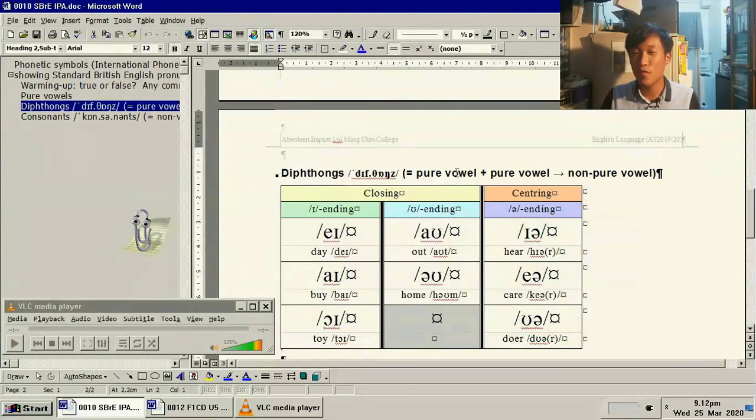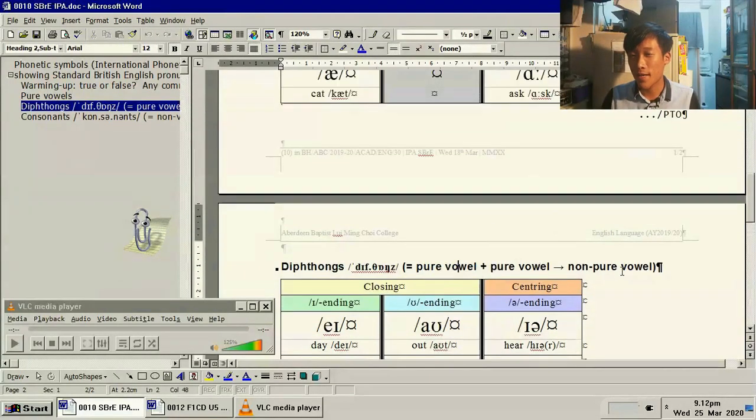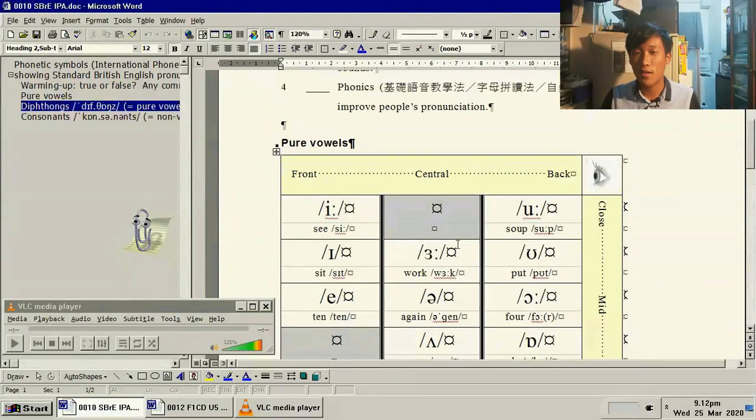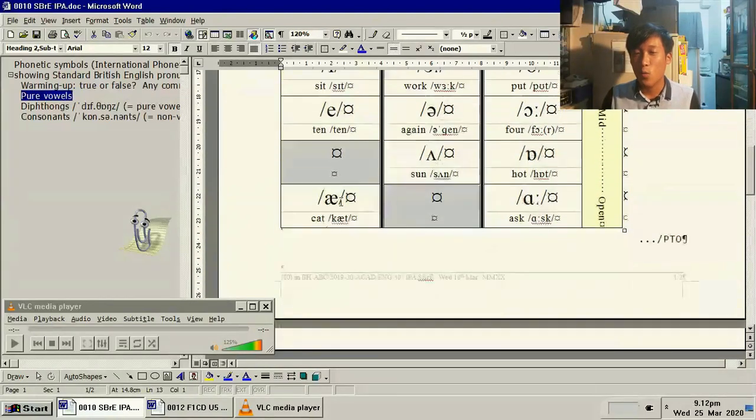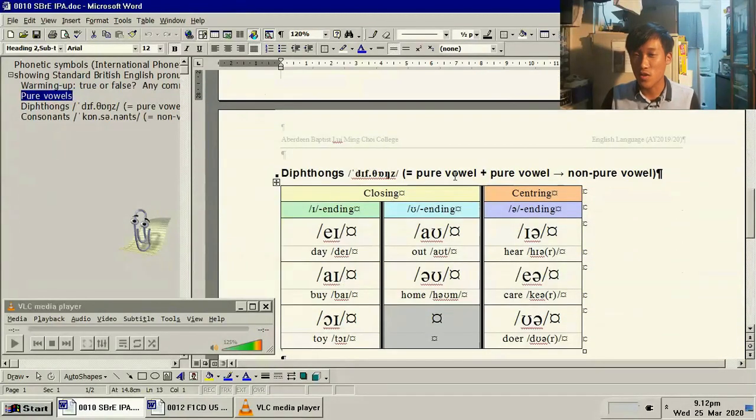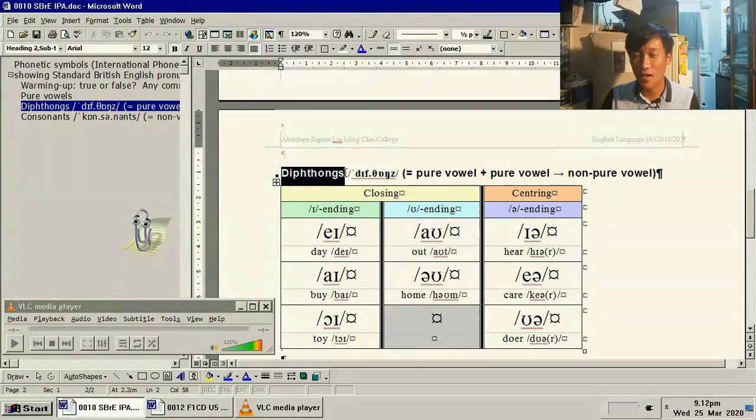That means two vowels together becoming another vowel. What we learned in the first term are called pure vowels. There's only one sound. When there are two sounds and both are vowels, and they are in the same syllable, they make one new sound together. This kind of sound is called diphthongs.